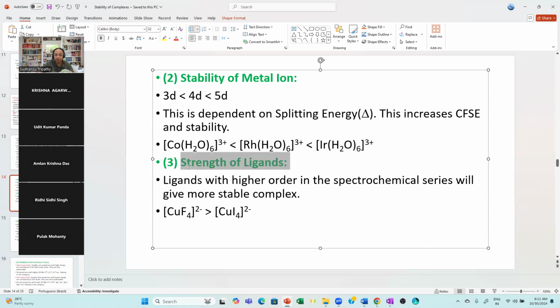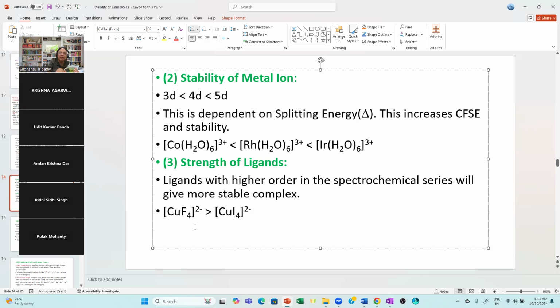Then ligands. If a ligand appears at a higher position in the spectrochemical series, it is a strong field ligand, and it will definitely form a thermodynamically more stable complex. For example, fluorido is relatively a weak field ligand, but the spectrochemical series tells you that fluoride ion comes later than I minus.